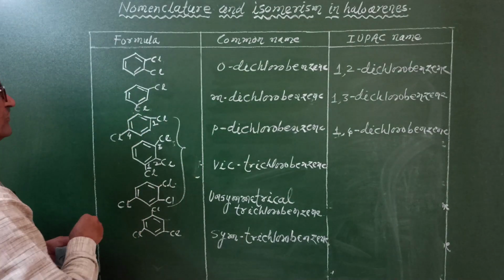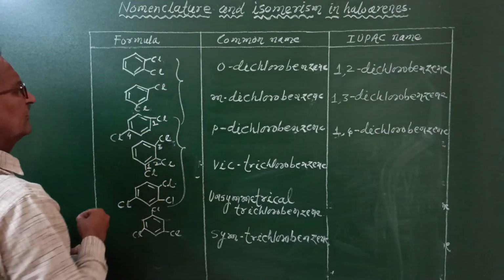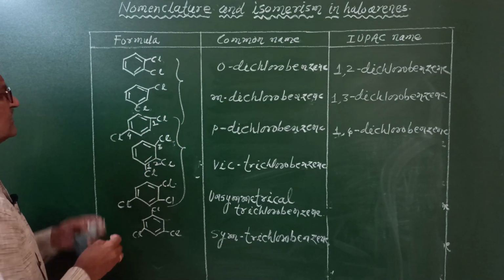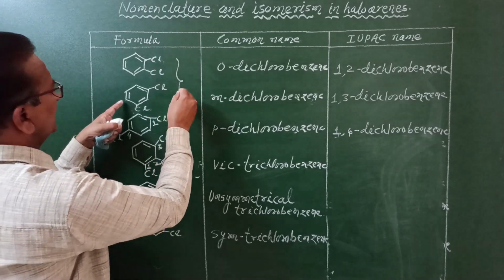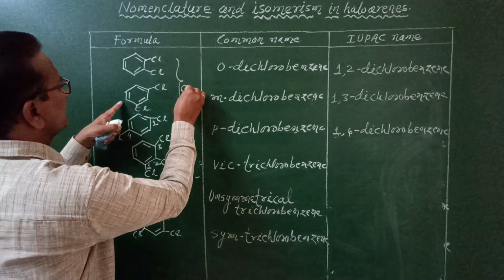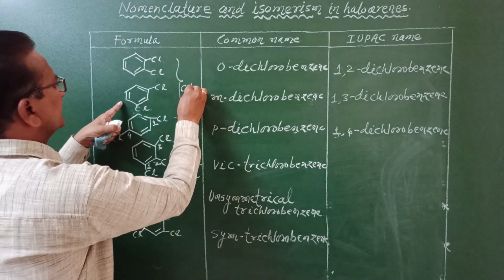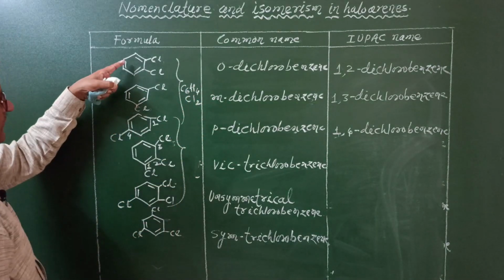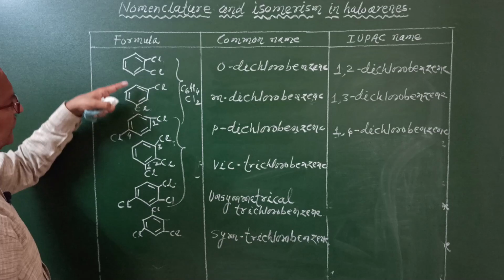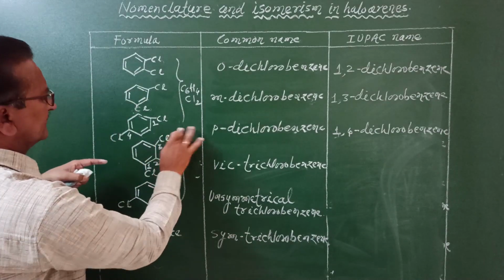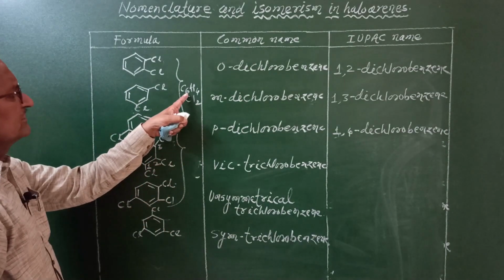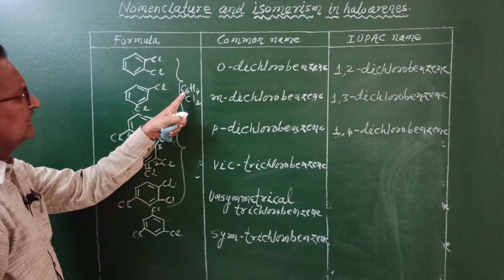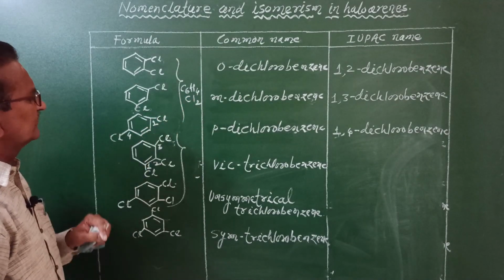These are also called position isomers of each other, because what is the molecular formula for these? C6H4Cl2. The molecular formula for these first three is the same, C6H4Cl2.